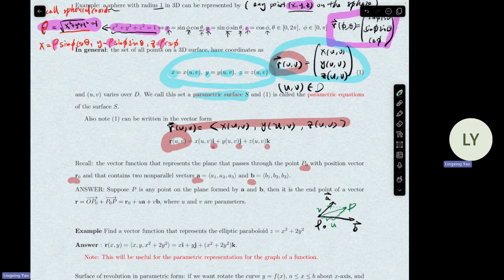So in terms of the vector calculation, we would know the plane, the point, this parameterization of P could be obtained by doing this.